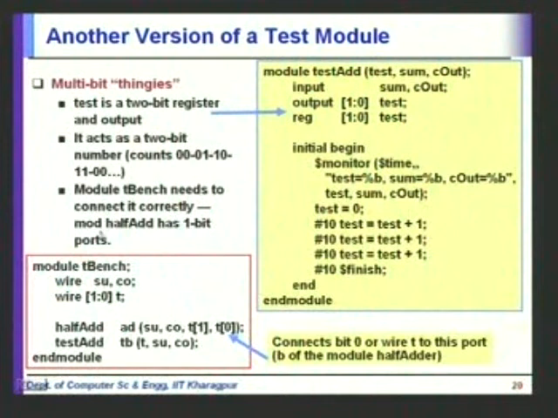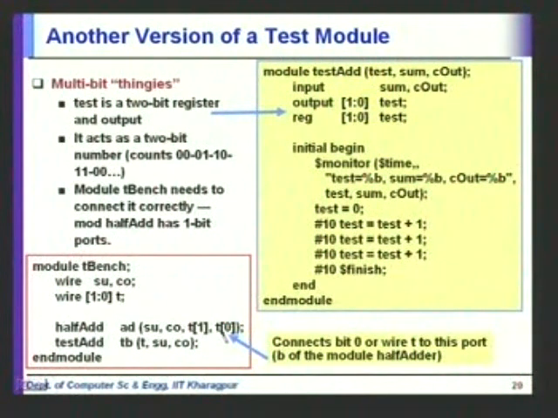Module half adder has 1-bit ports, so this has 1-bit ports, right? So you see, if you declare this as a 2-bit wire, then this has to be declared as T1 and T0. Is that clear?